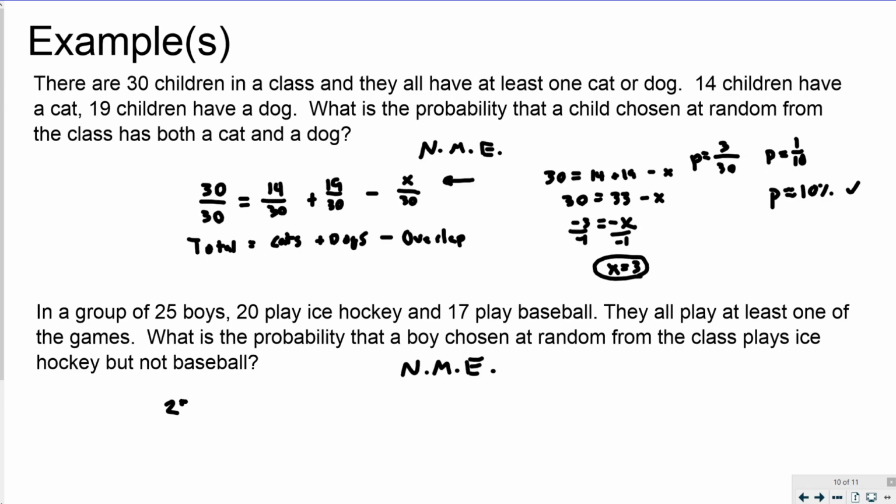So the total 25 over 25, because the total is going to equal, we're going to put H for hockey plus B for baseball minus both.